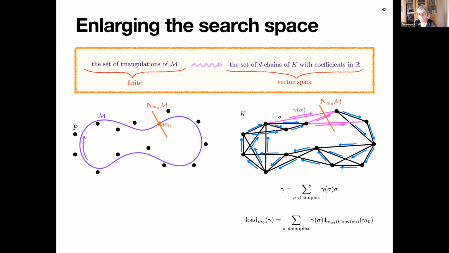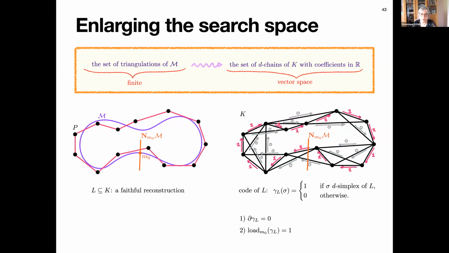Another way to see that is that you take the normal to the manifold at M0, restrict it to a segment of length 2 times the reach, and look at all the simplices of K that intersect this segment. They are represented in pink here. Then you take the coordinates of the chain gamma on those pink simplices, and you take the sum. This is the load of gamma at point M0.